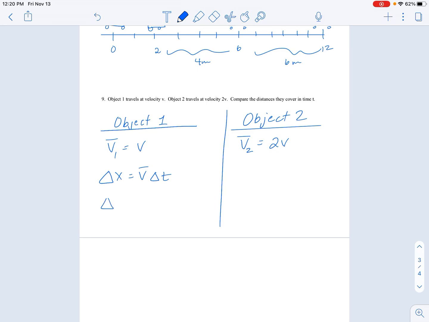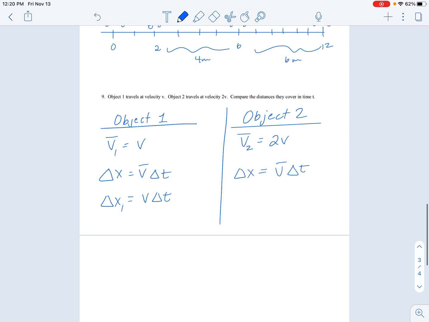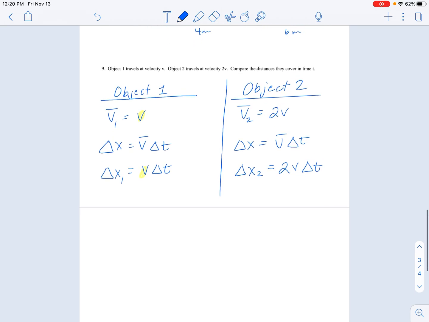So for object 1, the displacement is going to be velocity times time. For object 2, I'd use the same formula, and then I am plugging in values here. So the displacement of object 2 is going to be 2v times delta t. Then to compare, we could make a ratio.